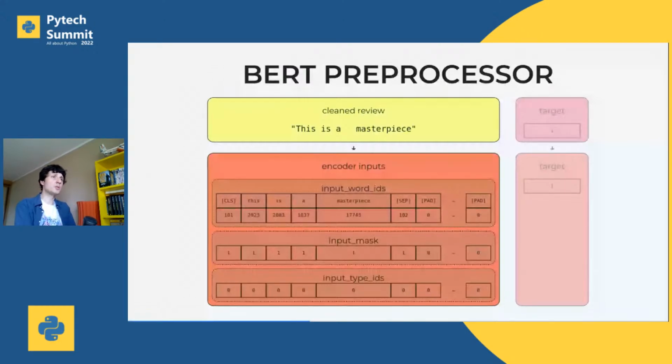And the last output is input type IDs. This shows us the index of the segment the token belongs to, because with BERT you can have 2 segments as input. For example, if you have a question answering task, you provide both the question and the text as 1 single input to the BERT model. In our case, we just have 1 segment, so everything is marked as 0.